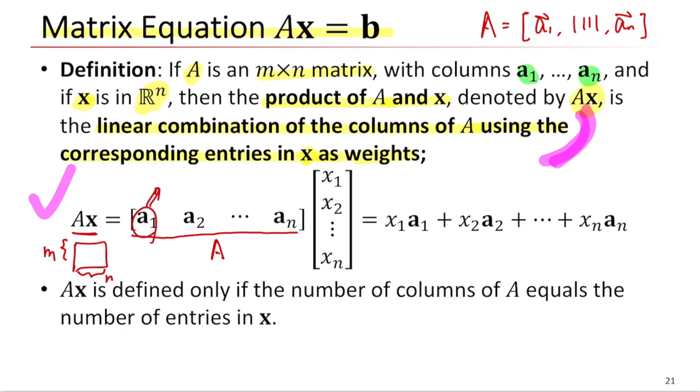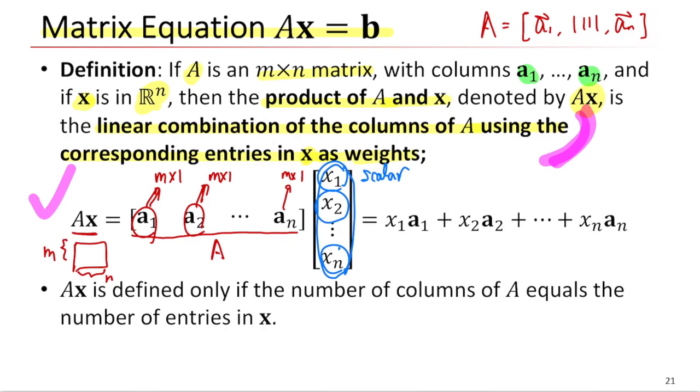It is m by 1. The size of the vector x is n by 1. These are the columns of the matrix A, and this is the vector x. Each entry x1, x2 through xn is just a scalar value, right?